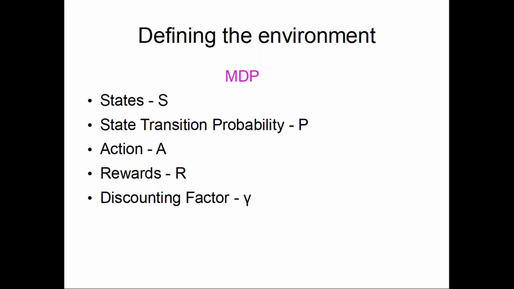Now, MDP defines the environment. If you take any game, let's think of something simple like chess. In chess you have checkered boxes of 8 by 8, that is 64. Or assume you have a grid world of 4 by 4.